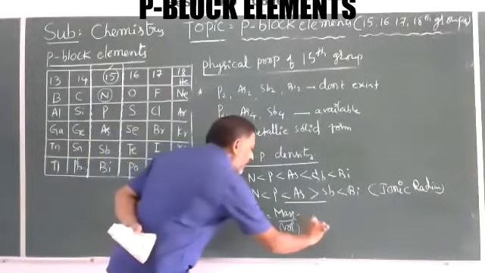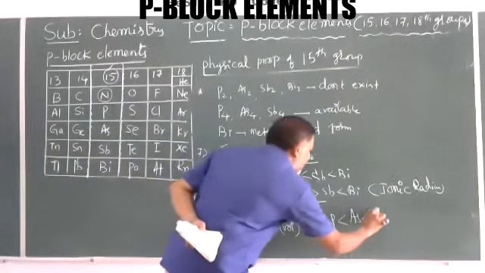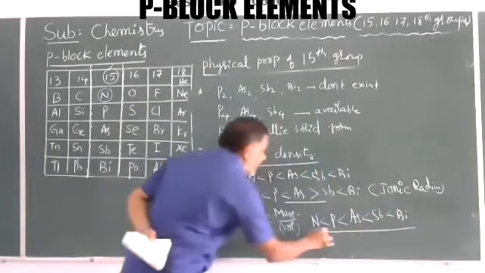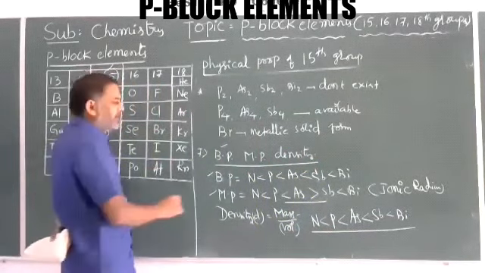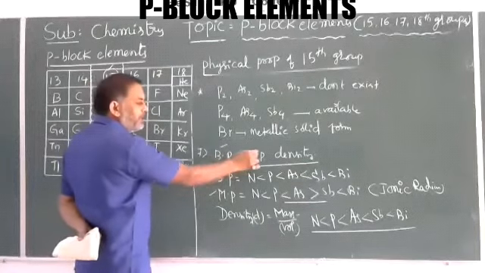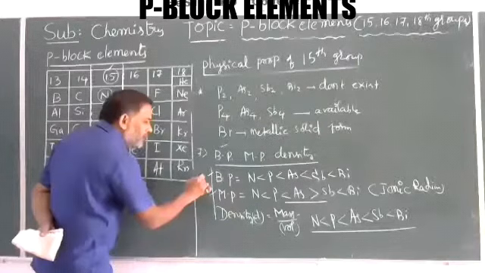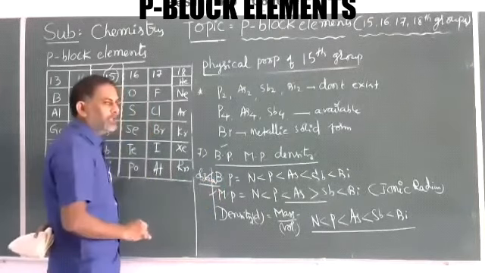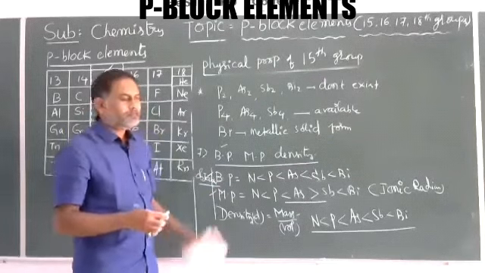That's why nitrogen is less than phosphorus, less than arsenic, antimony and bismuth. This is the order of boiling point, melting point, and density of the 15th group elements. It is very, very important for objective and competitive examinations.